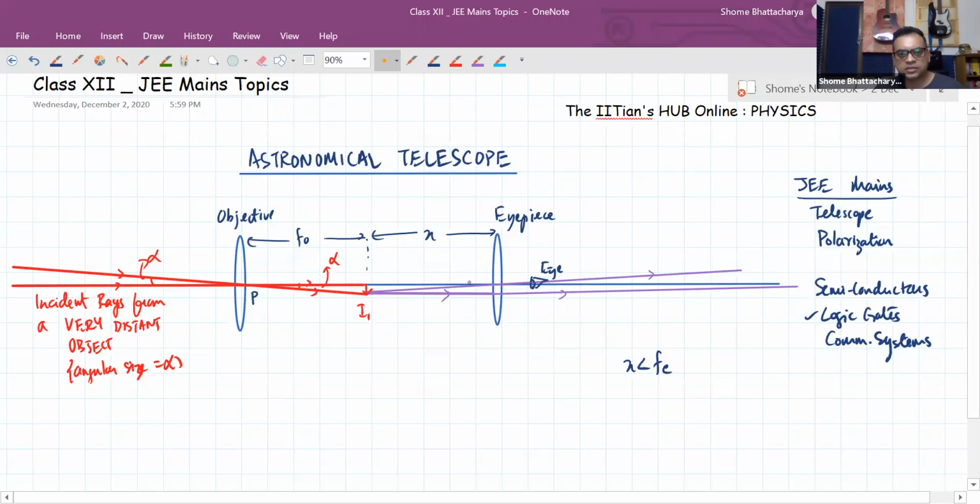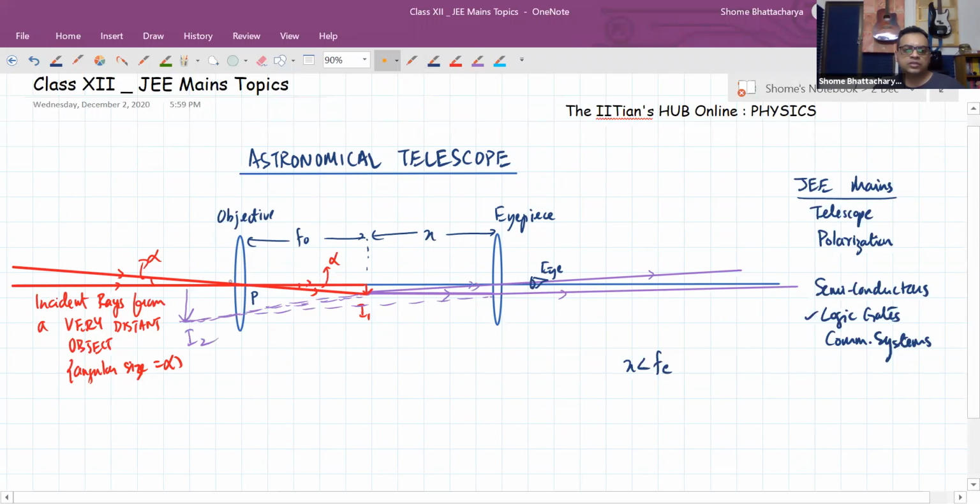The final image, the second image, comes from producing these two backwards, somewhere over here. So this I2 is the final image.